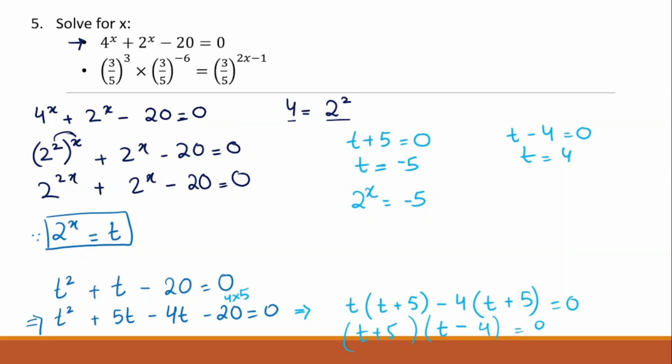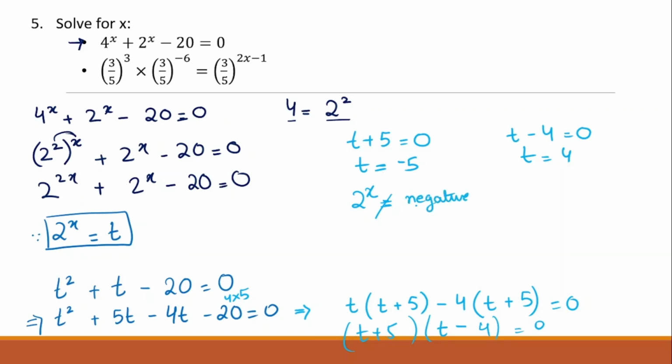If you substitute a negative value of x or a positive value of x, you can substitute 0, but you will never get a negative value. Which means, since there is a negative 5 here, it cannot be possible. 2 to the power x cannot be equal to a negative value.